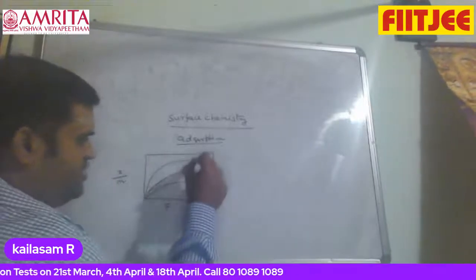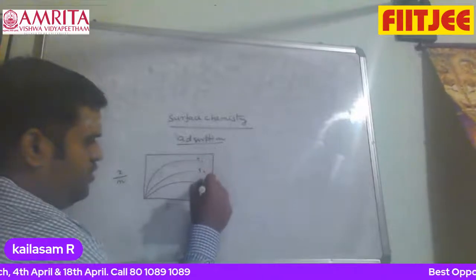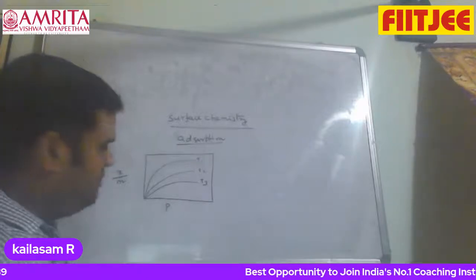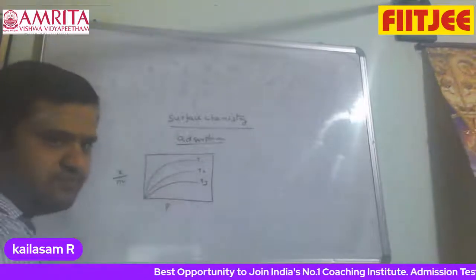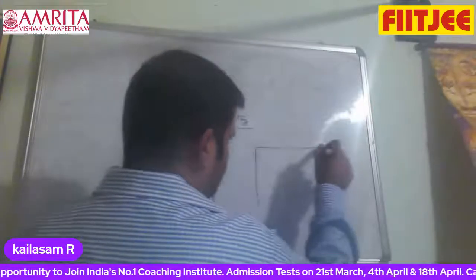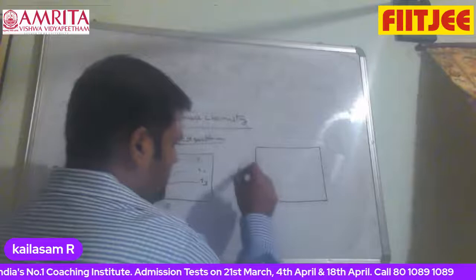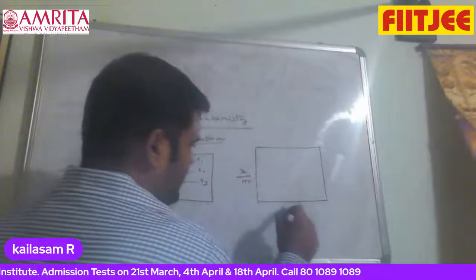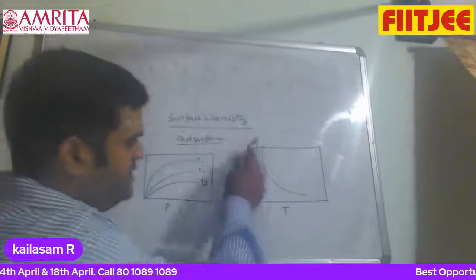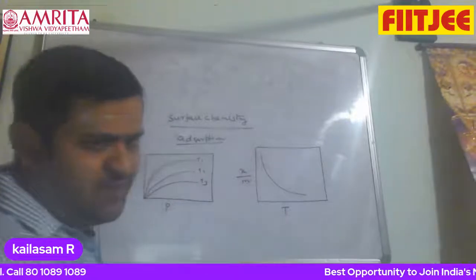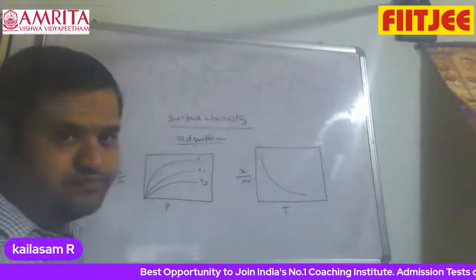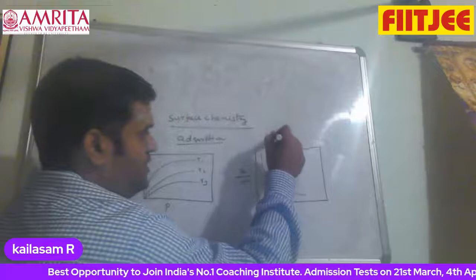Maximum was P, temperature T1, T2, and P. This is called the Freundlich adsorption isotherm, x/m versus P. In the case of physical adsorption, as temperature increases, x/m keeps on decreasing. What is x/m? x is the mass of adsorbate, m is the mass of adsorbent. It decreases for physical adsorption.